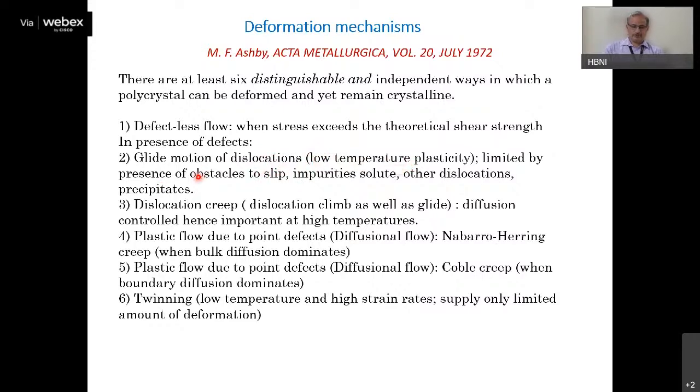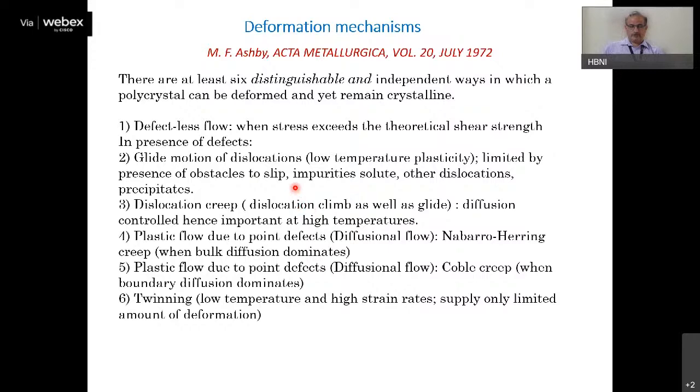At higher temperatures, there is also a possibility of dislocation climb. As we discussed in the previous slides, in dislocation glide the dislocation line slides along some plane, the slip plane. But sometimes at higher temperatures, because of the diffusion controlled process, there can be dislocation climb also. So this dislocation line can move up.